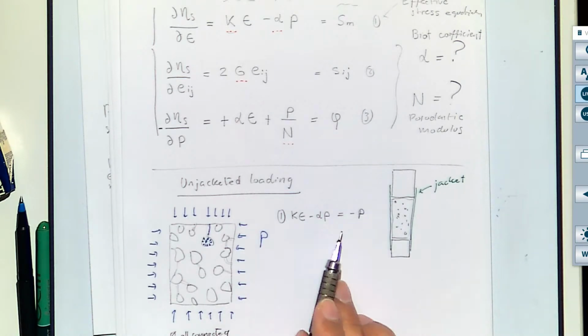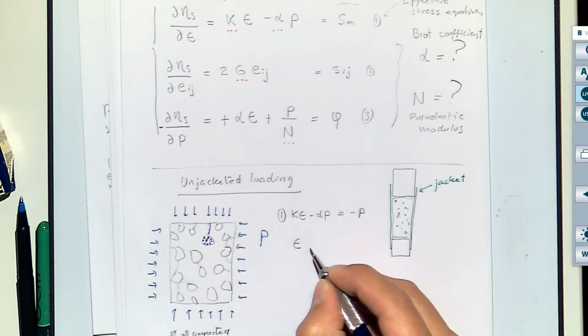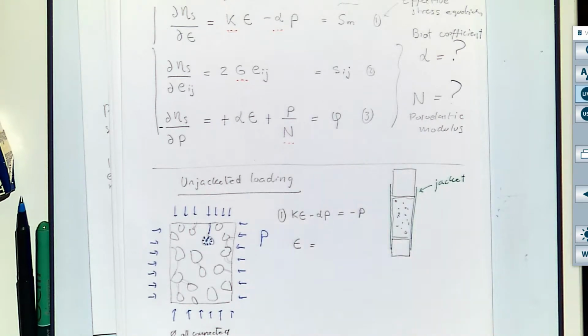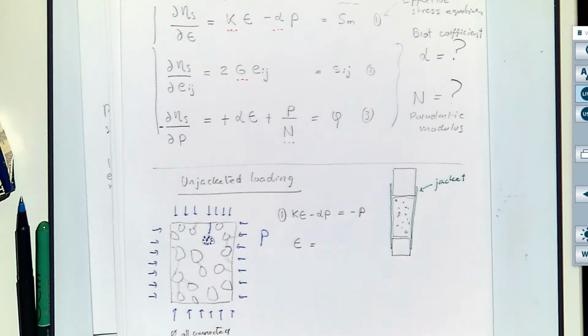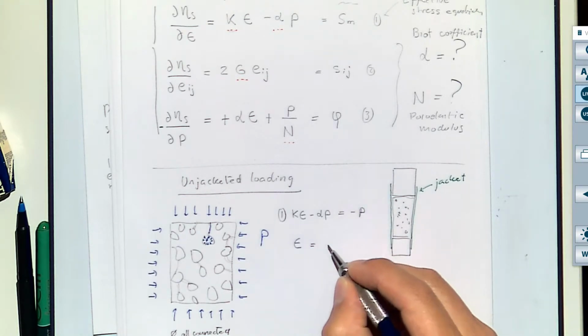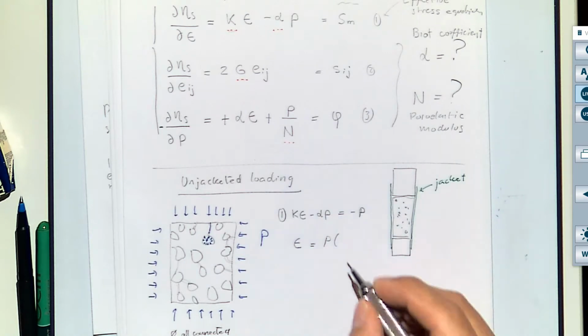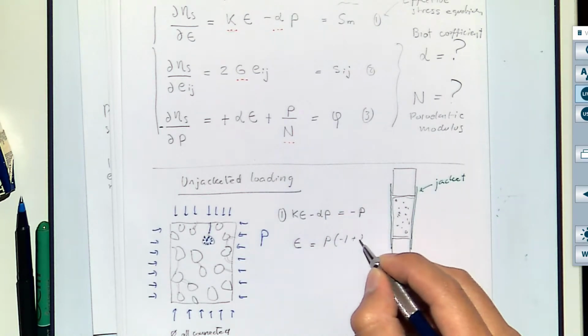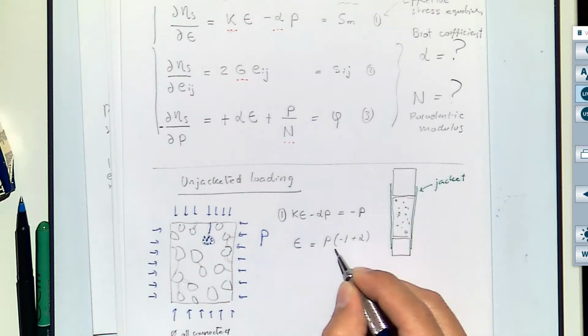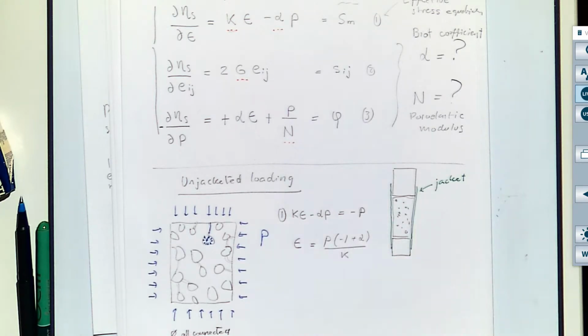So since I know pressure, or I can control pressure, I'm going to calculate what is the volumetric strain due to an increase of pressure, and basically I just have to move this one to the other side, right? And then if I take the common factor P, this is going to be negative P times (1 minus alpha) divided by K, since I know that alpha is going to be less than 1.